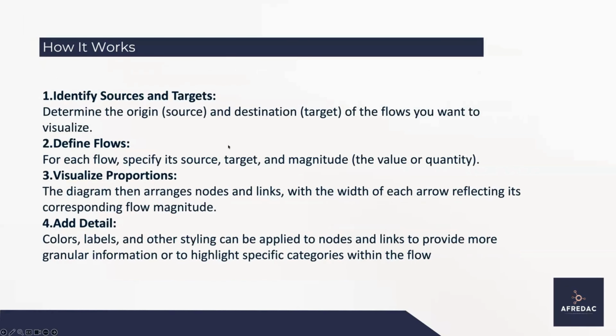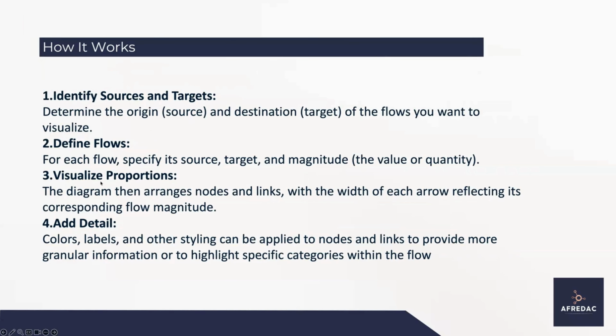So how does it work? You have to identify the sources and targets. You have to identify the origin, that is, what you want to connect with what. Having that in mind can give you an idea of the source and destination of the flows that you want to visualize.